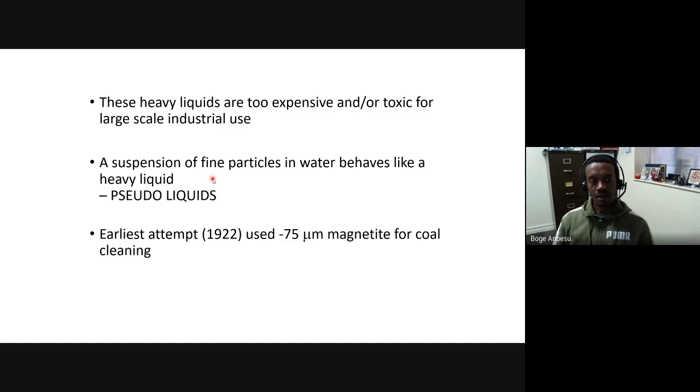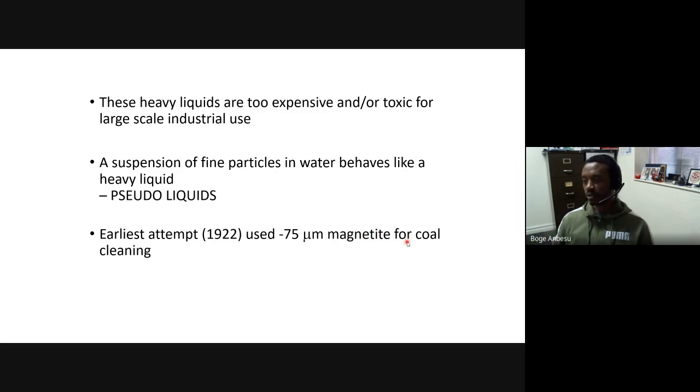Okay, so if I have very fine magnetite particles or very fine pyrite particles suspended in water, as long as you produce a uniform suspension, you could use that as a media itself, and you can use it for separating coarse particles. So one example here is the use of magnetite suspended in water in coal processing or coal beneficiation.